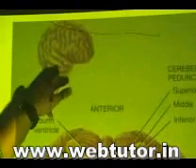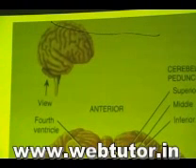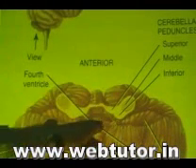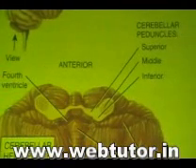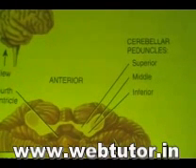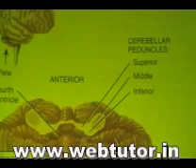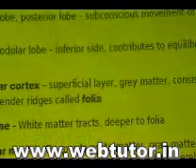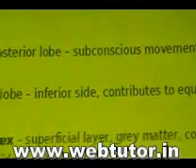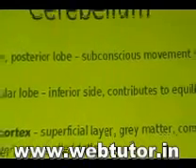Near the brain stem, it sits on it. So you will have these cerebellar peduncles. We'll talk about these peduncles in detail. The superior, middle, and the inferior peduncles. What are they? We'll talk about them in detail. Okay. So your anterior and posterior lobe, their functions are something like this. Subconscious movement of your skeletal muscles, right?